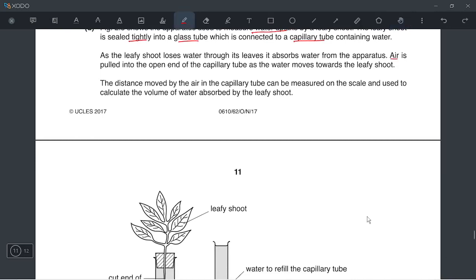Air is pulled into the open end of the capillary tube as the water moves towards the leafy shoot. The distance moved by the air in the capillary tube can be measured on the scale and used to calculate the volume of water absorbed by the leafy shoot.